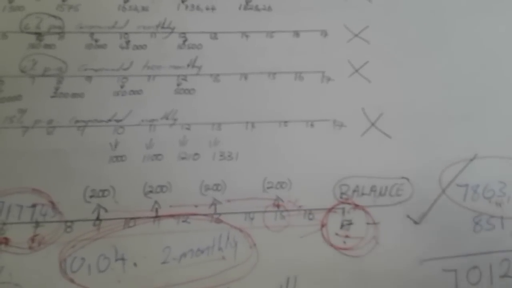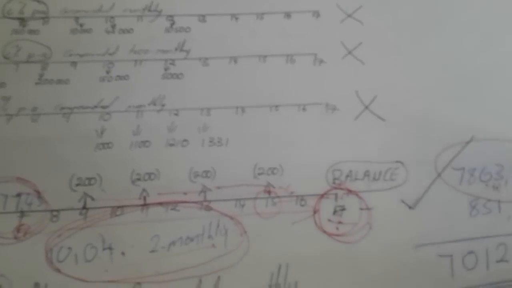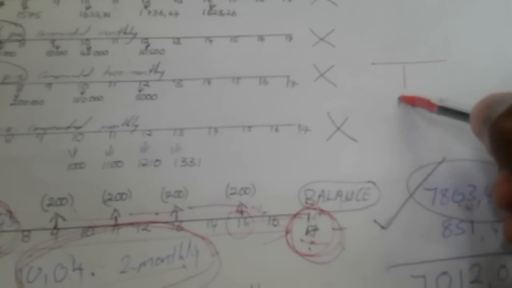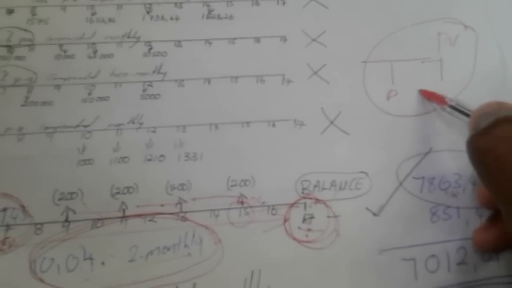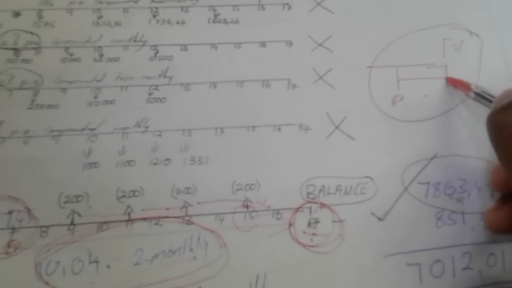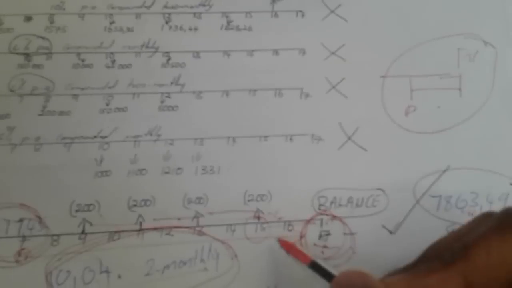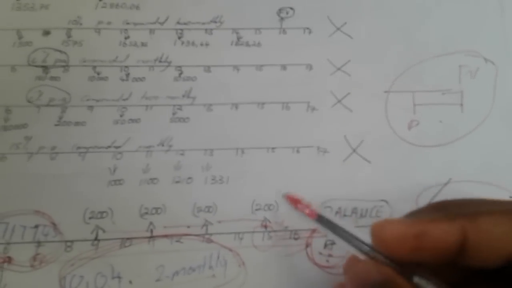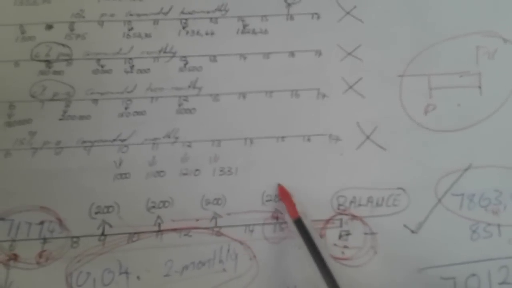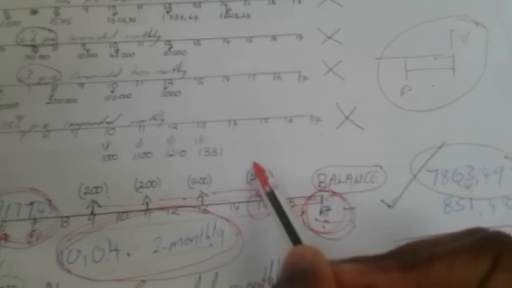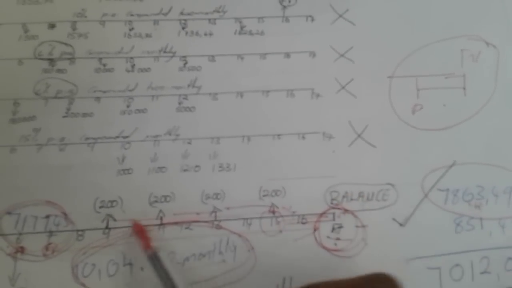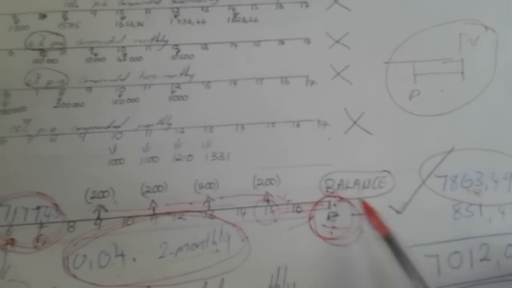Now if you still remember your timelines, the ones I drew earlier on, remember I said when the last payment is there and FV is there, this is an annuity due, as long as this is 1 interval. Now since we've agreed that this is 1 interval, we might as well use BGN. So here there's no need to get your answer at 15 and then push it to 17. You can get your answer at 17 straight away.